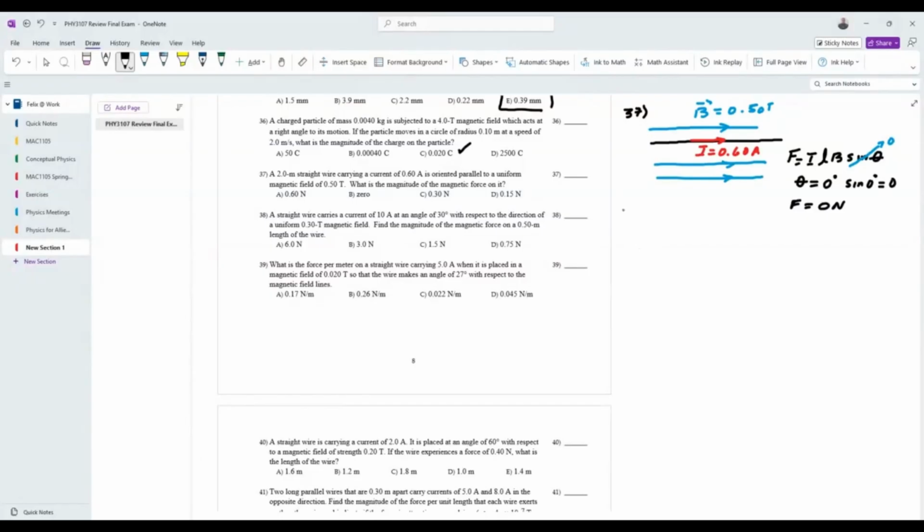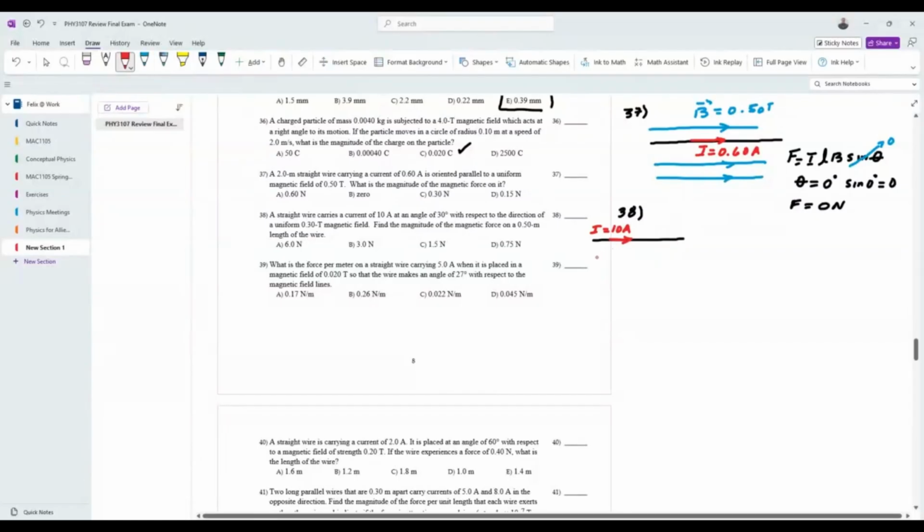Now, look at this other one. Number 38 is very similar. You again have a wire with a current of 10 amperes. And then the current has an angle of 30 degrees with respect to the direction of a uniform 0.30 Tesla magnetic field.